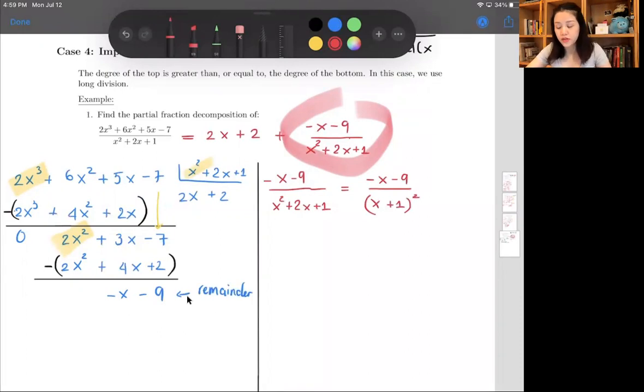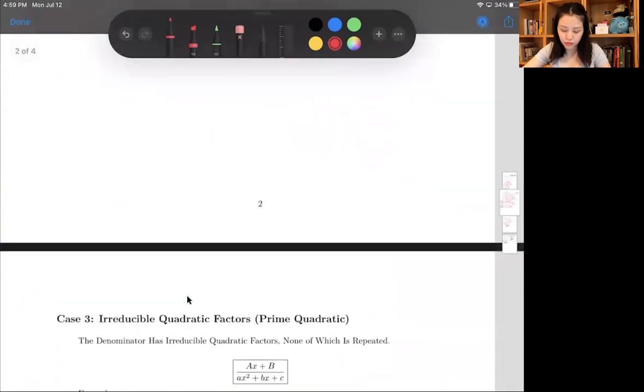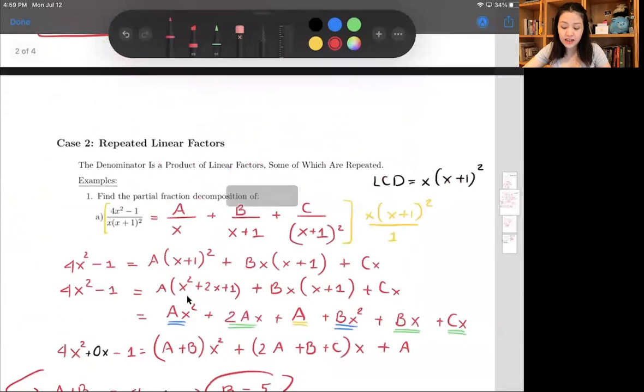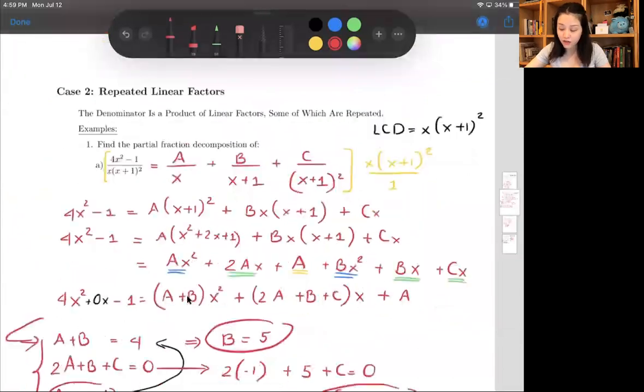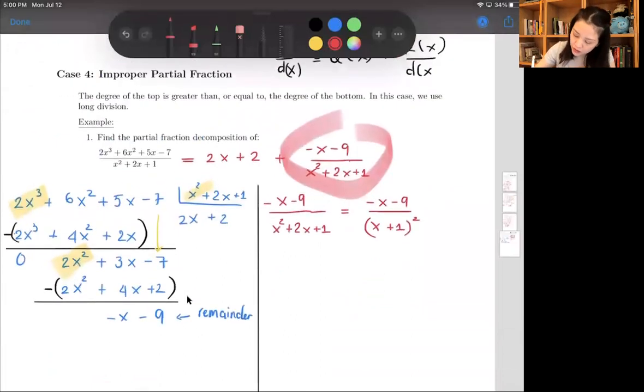So this is case number 3, I think it's case number 2, I'm sorry, case number 2. Repeated linear factor, right? So this is going to be equal to a over x plus 1 plus b over x plus 1 squared.